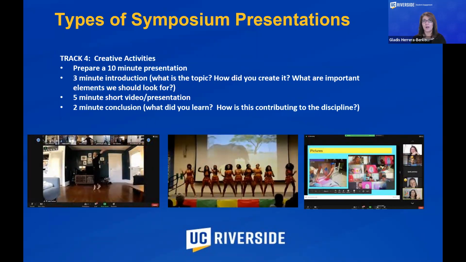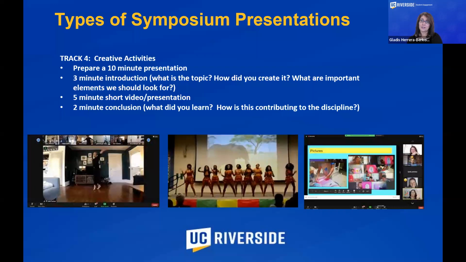So if you are in music and you're composing a piece for a play or a venue, you can show us that piece. Same for someone who's written a play. If you have a screenplay, maybe you have some actors who perform one of your scenes. In dance, you could show us the choreographed dance that you've put together.